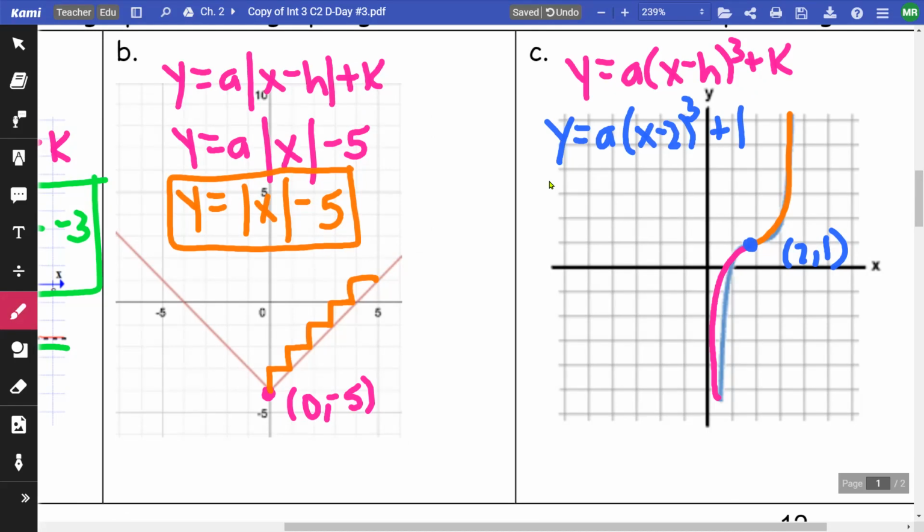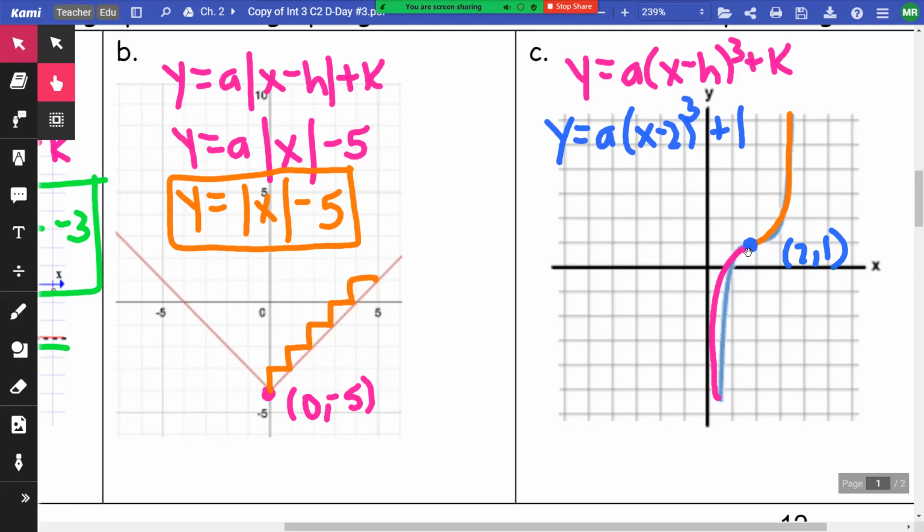And then again, if they had given us a point, I would put it in for my x and my y. But in this case, what I could also do is just think about, okay, if I come here and I go out 1, cubed should be 1. 1 cubed is 1.